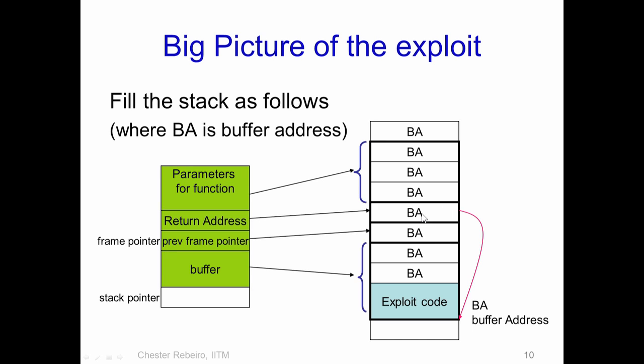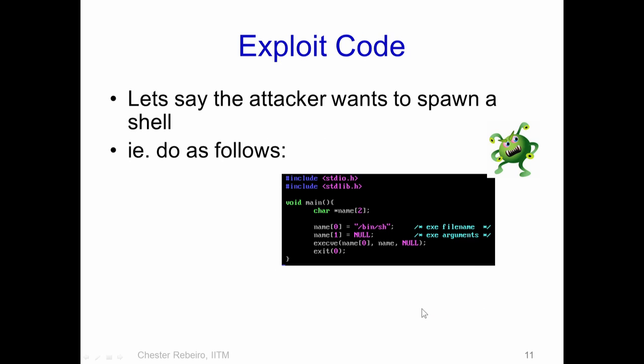Since BA corresponds to the address where the exploit code is present, the CPU would begin to execute this exploit code, and in this way the attacker could force the processor to execute the exploit code. Now we will see how one particular attack code is created and how an attacker can force an application or an operating system to execute that exploit code.